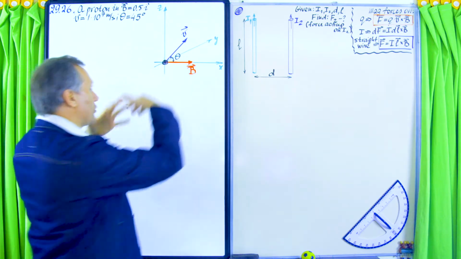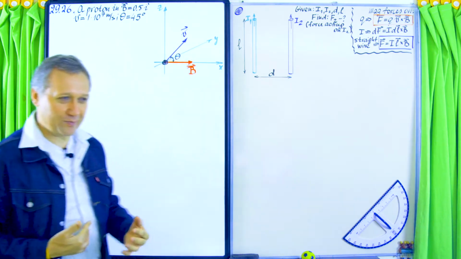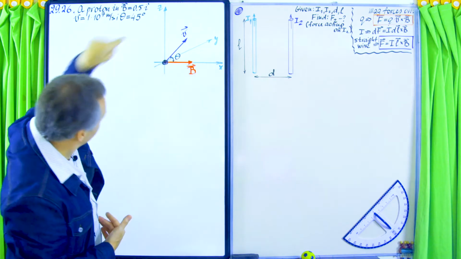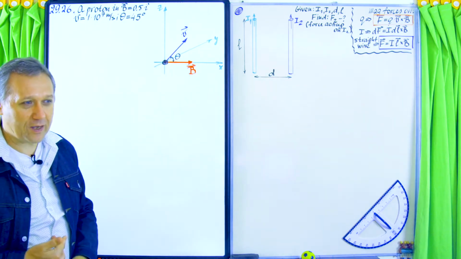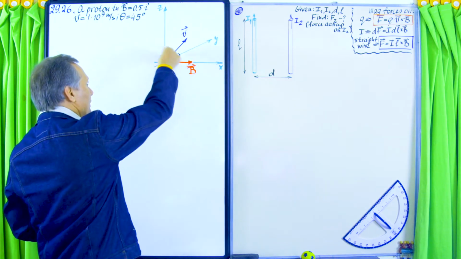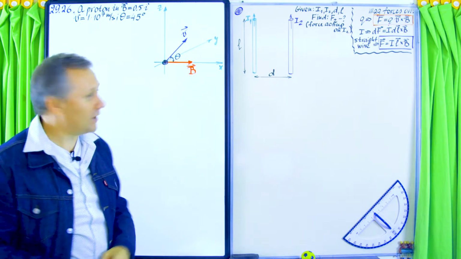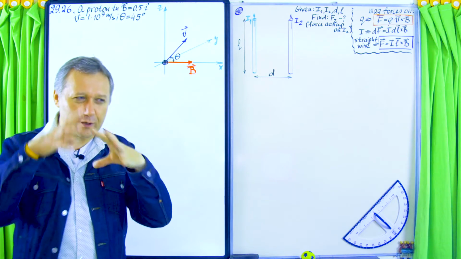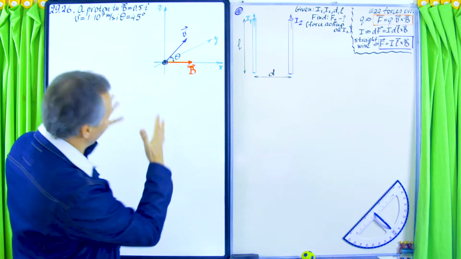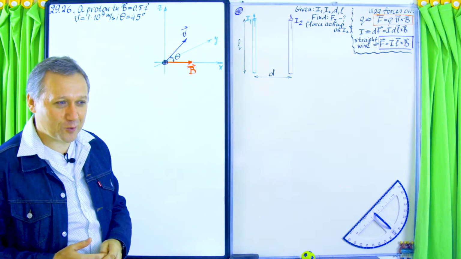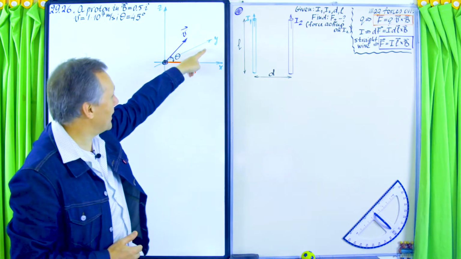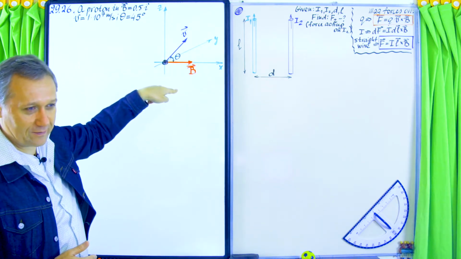And I tried to draw a three-dimensional picture. So this y-axis is basically into the board. I just didn't want to draw over here a circle with the cross because it will be on top of this proton. So just too much information at the same point. So I did my best to draw a three-dimensional picture. So the y-axis is into the board basically, right?